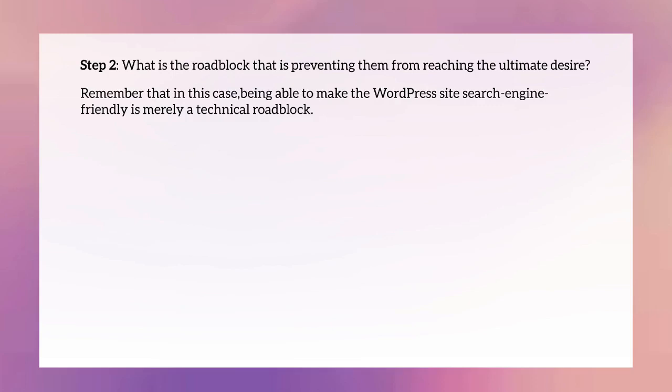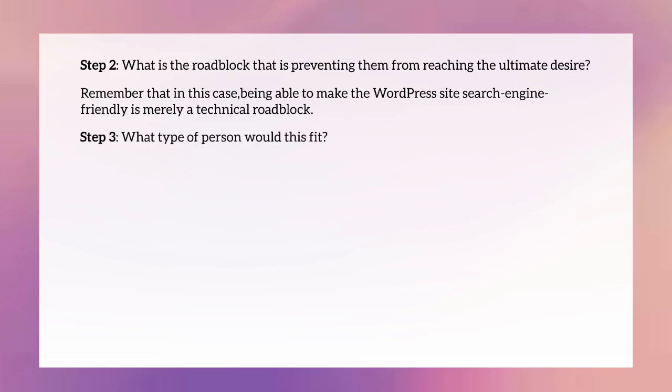So in our case, with the video course, with the WordPress site, being able to make the WordPress site search engine friendly is merely a technical roadblock. They truly desire better ranking, but they can't do that until they get this technical issue done. So pause the video and write that down in relation to what you're selling.